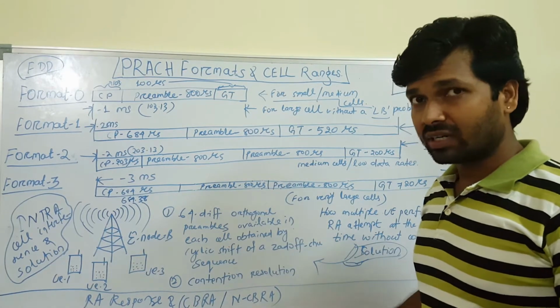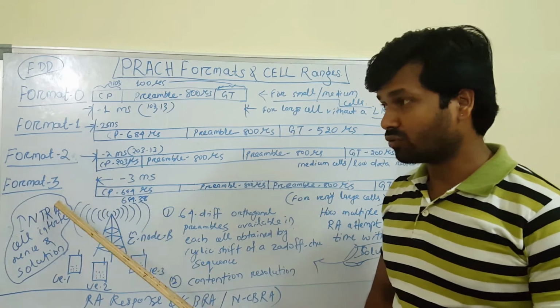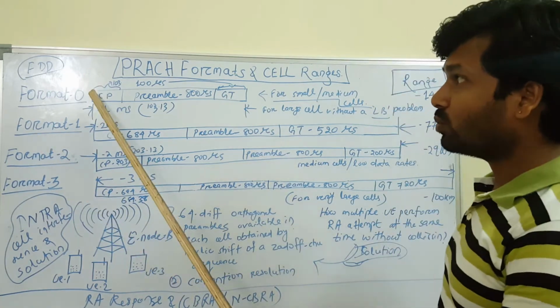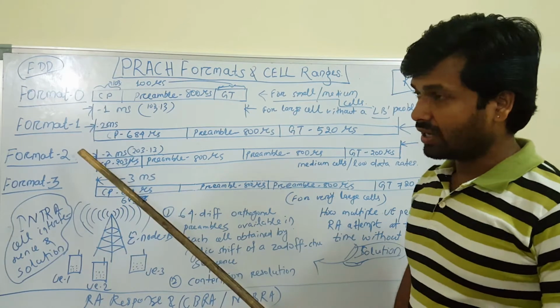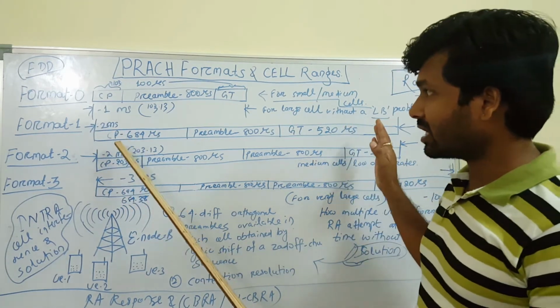We have four formats as we discussed in the last chapter: format 0, format 1, format 2 and format 3. I hope you already know the structure of the PRACH preamble.